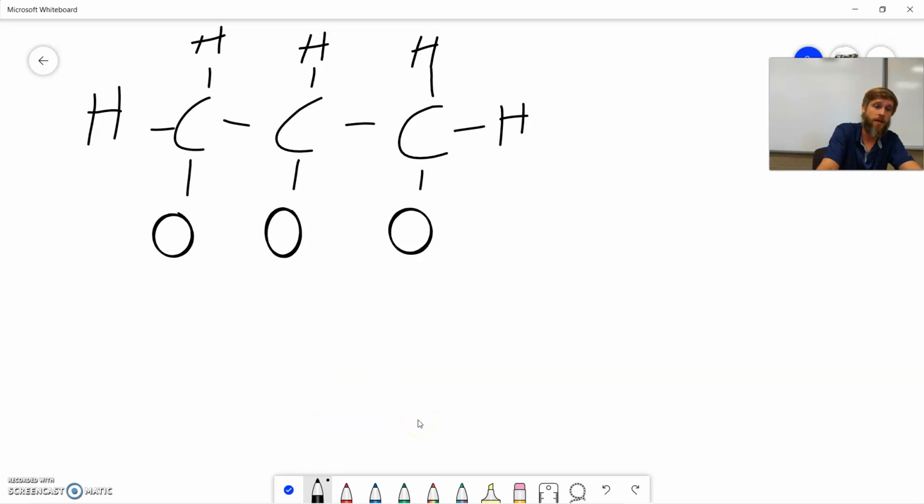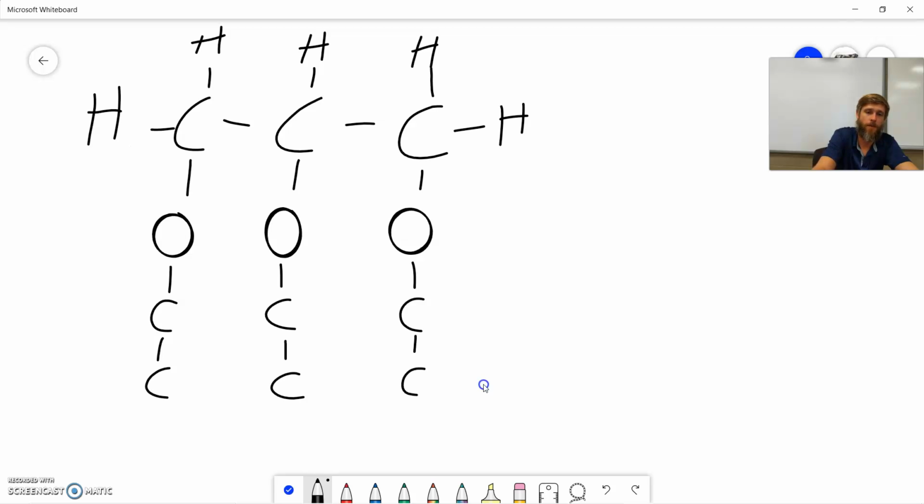So it must be carbon. So for forming long chains of carbons, obviously the next thing that's going to be bonded here is carbon. And then carbon. All right, so we'll stop there.